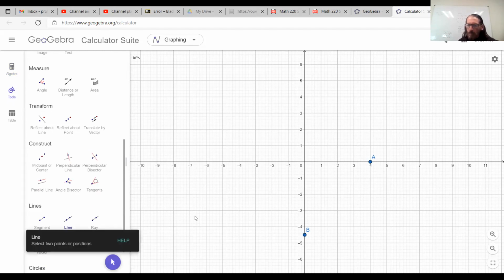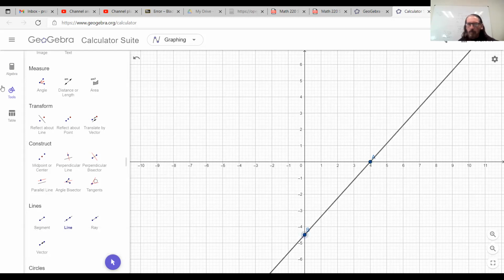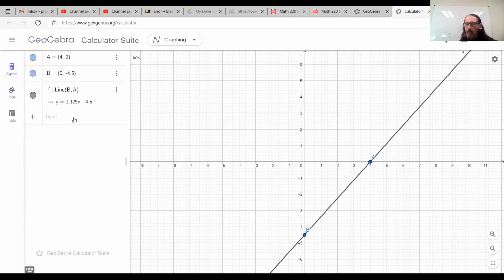All right. So we want to connect A and B here. Notice that this GeoGebra website gave me the equation. 9/8 is 1.125. That makes sense.